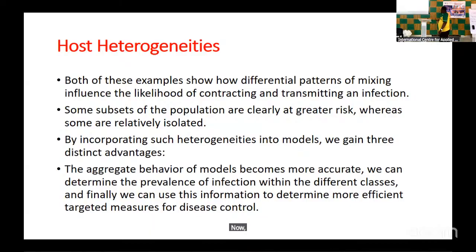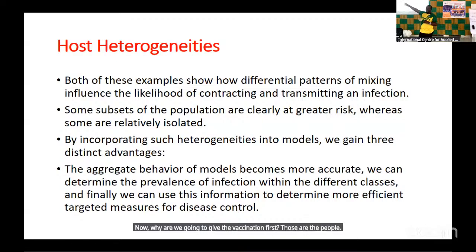Now, introducing this kind of heterogeneity can give us light on how to determine more efficient targeted control measures. What happened during COVID-19 was that when it was discovered from the model that the older population were transmitting and contracting more of the infection, the model predicted who we should give the vaccination to first. Those are the people they gave vaccination to first before they considered other persons.